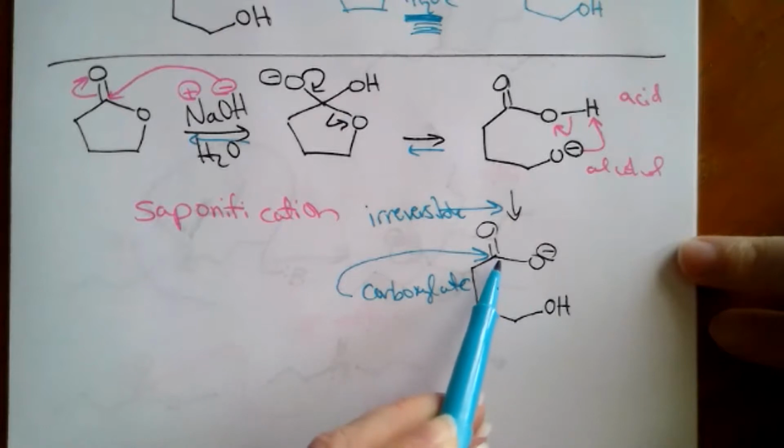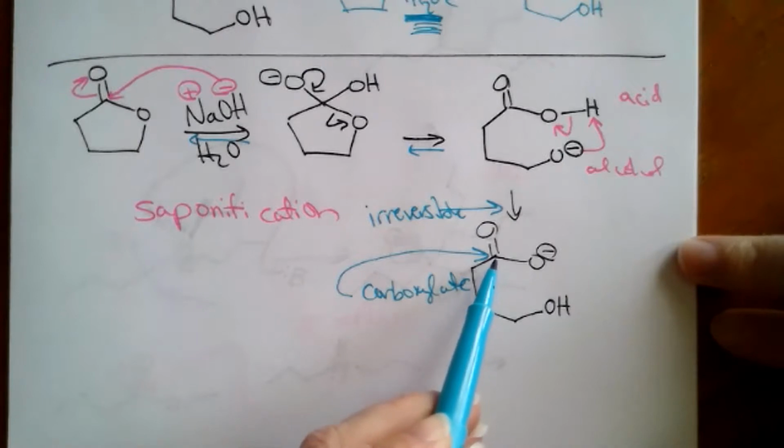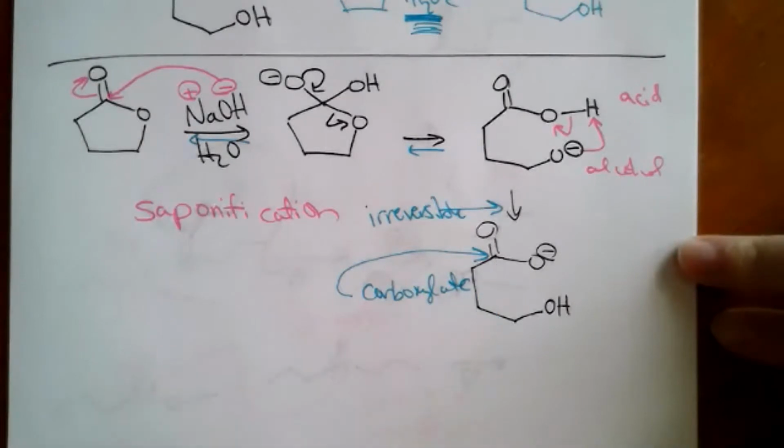Carboxylates are very unreactive. There are a couple of things we will see that react with them, but in general, carboxylates are very unreactive. That carbonyl carbon is not susceptible to attack. It's a little bit partially positive, but it's even below nitriles on the list of reactivity. Carboxylates are not very reactive at all.